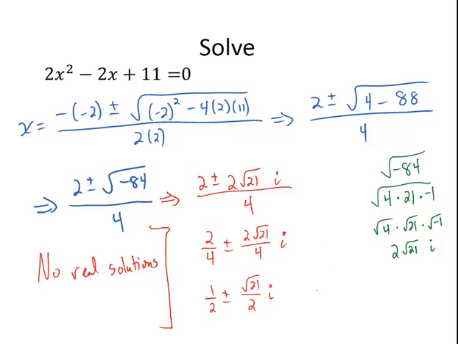And then writing my solution set, I'd have 1/2 minus root 21 over 2 i, comma, 1/2 plus root 21 over 2 i.